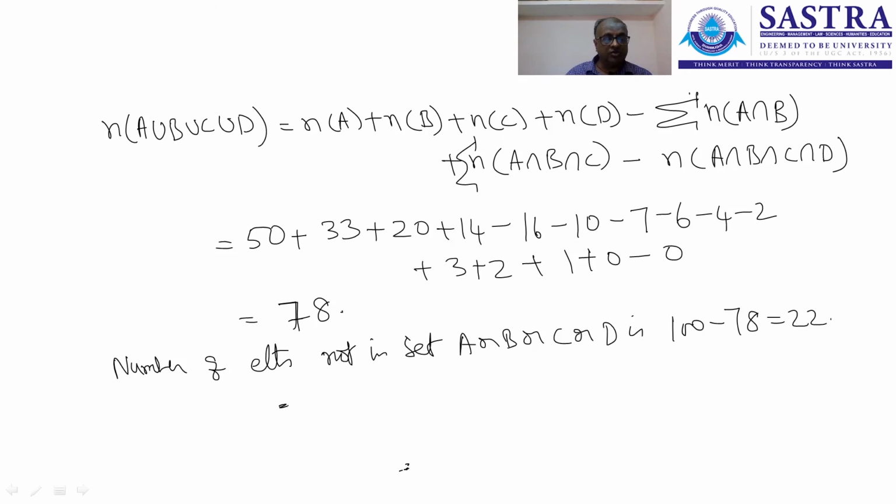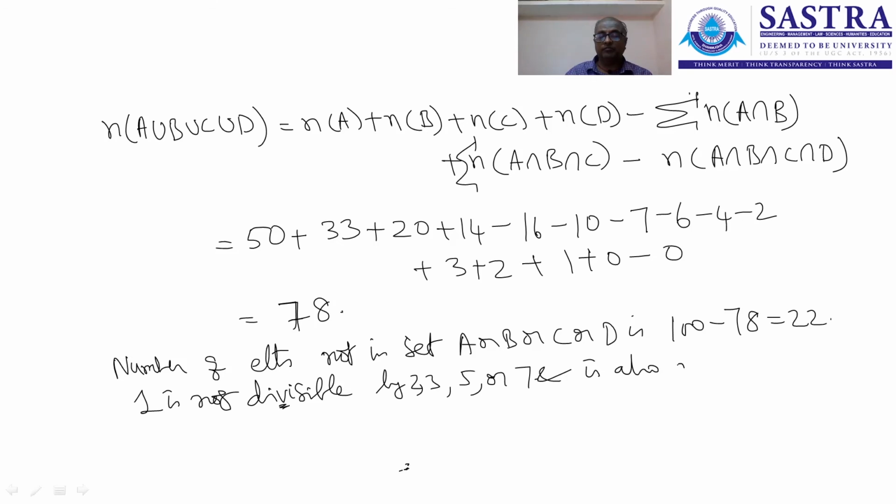Let me eliminate 1. 1 is not divisible by 2, 3, 5 or 7, and is also not a prime.